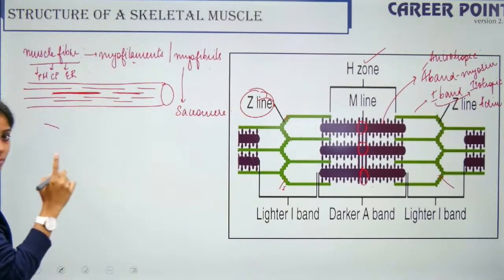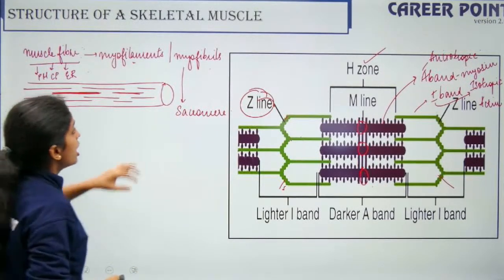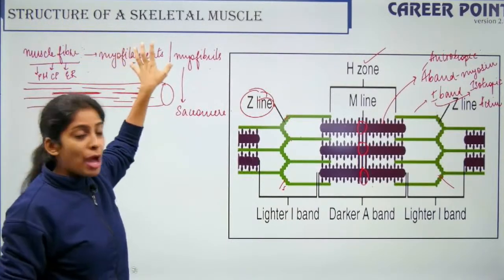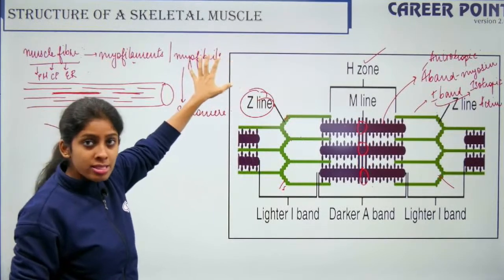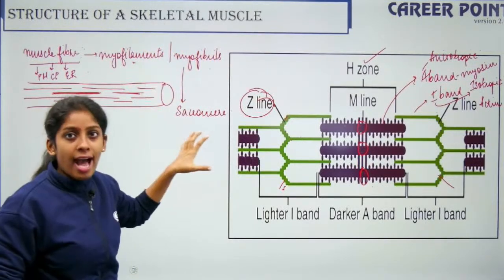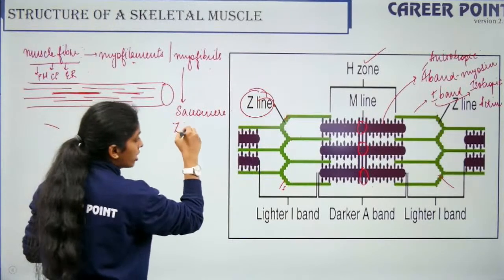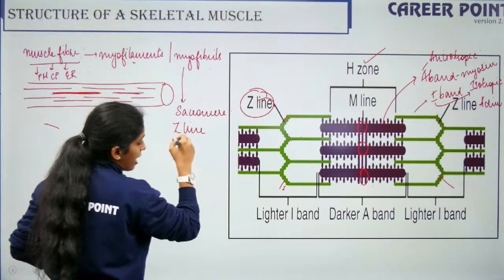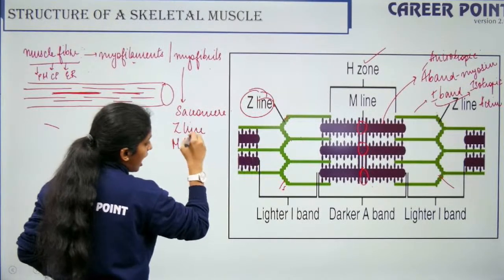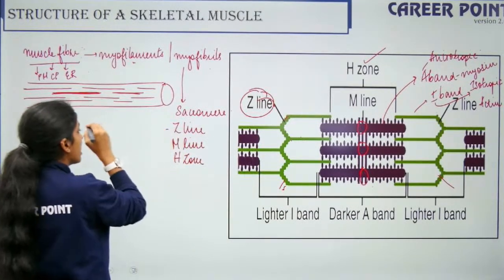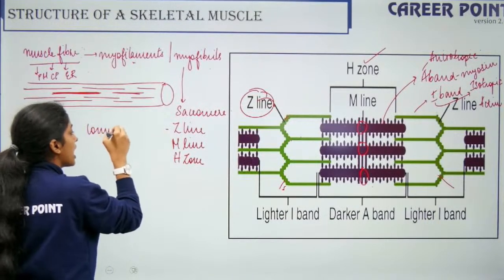So inside the muscle fiber we have the myofilaments or the myofibers. Inside this we have the sarcomere. Here you have to remember what is the Z line, what is the M line, and what is the H zone. The Z line connects two light bands.